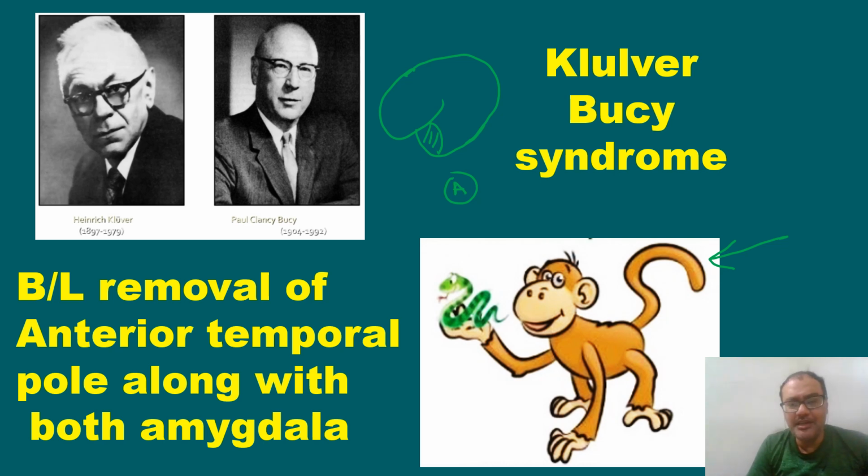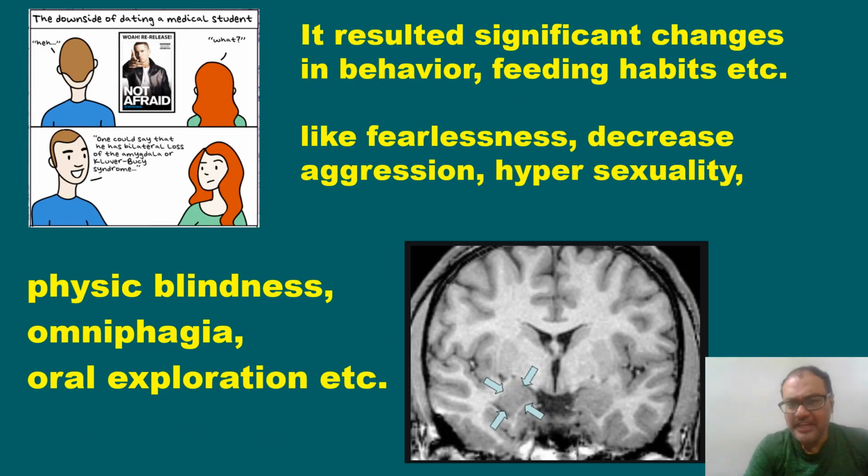And this monkey showed some very extreme changes in behavior, feeding habits, etc. The major features were fearlessness, no fear left in that monkey, decreased aggression, and an extreme degree of hypersexuality. Psychic blindness was seen in that monkey.